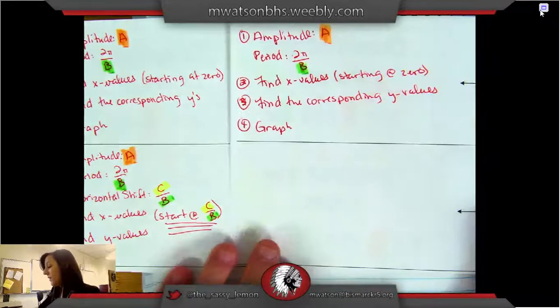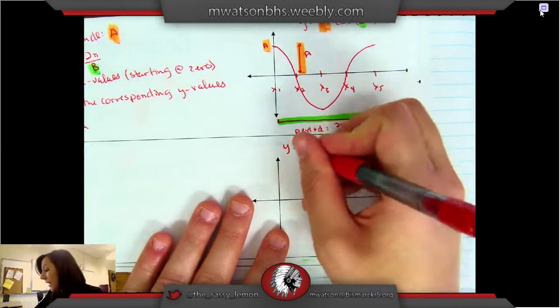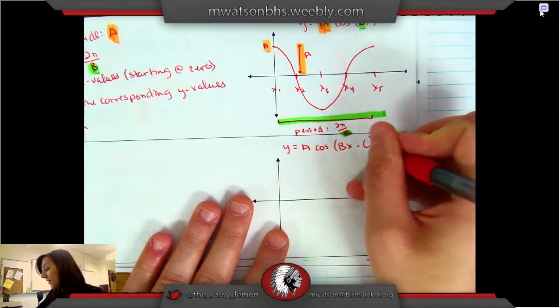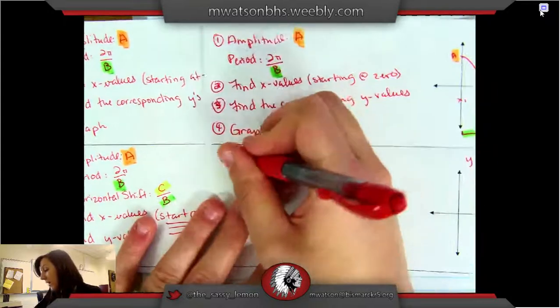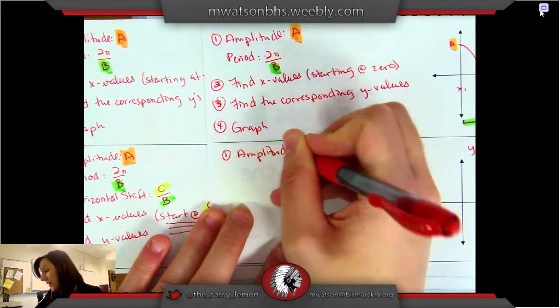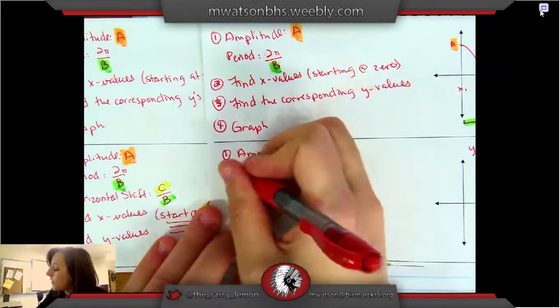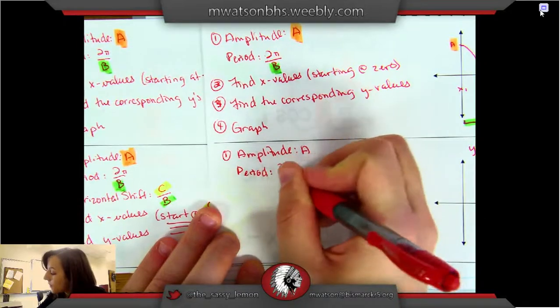So the general equation we're starting with is y equals a cosine of bx, but this time we have minus c. Over here, we're going to still identify our amplitude, which is a. We're still going to calculate our new period, which is 2 pi divided by b.